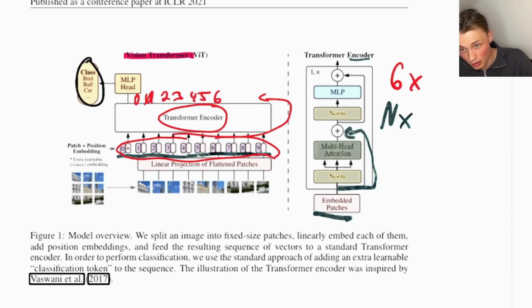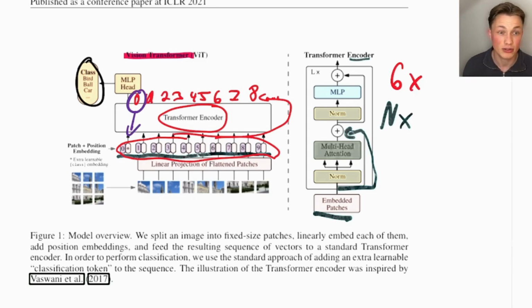So let's do it like this. We have 9 tokens, and token number 0 corresponds to our class token, and this token has to learn from all the other tokens which is the most important feature in order to make a decision which class this picture is.